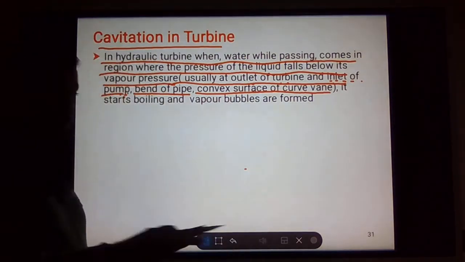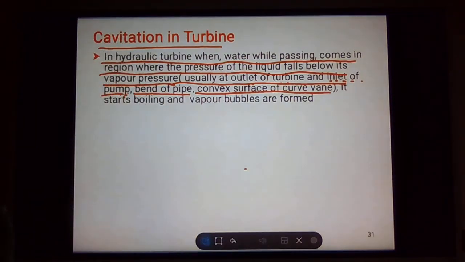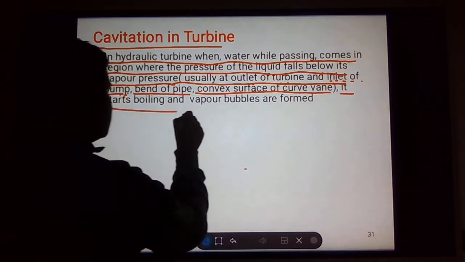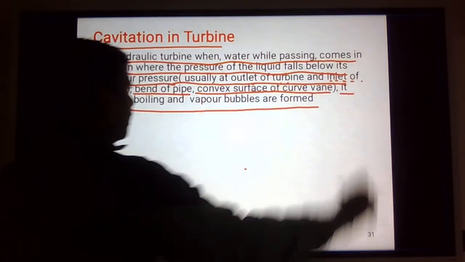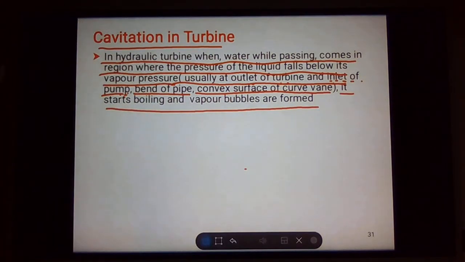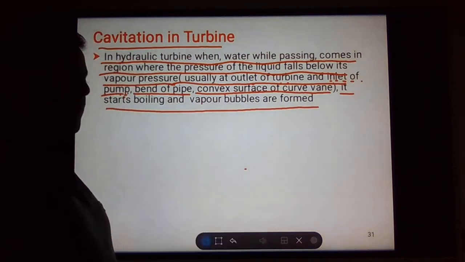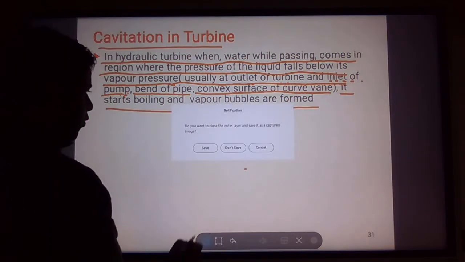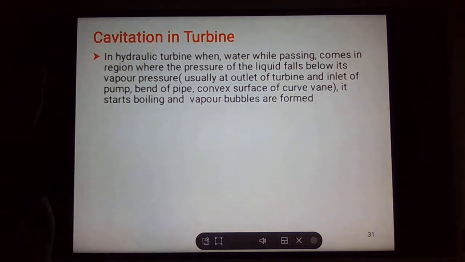So when the pressure of the liquid is less than its vapor pressure, the liquid starts boiling and bubbles are formed. At that pressure, the liquid starts boiling and its vapors are formed.